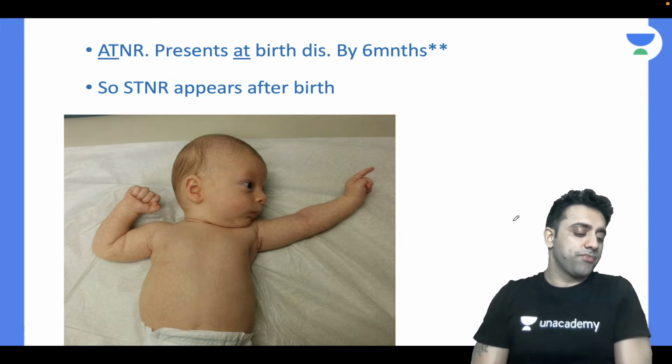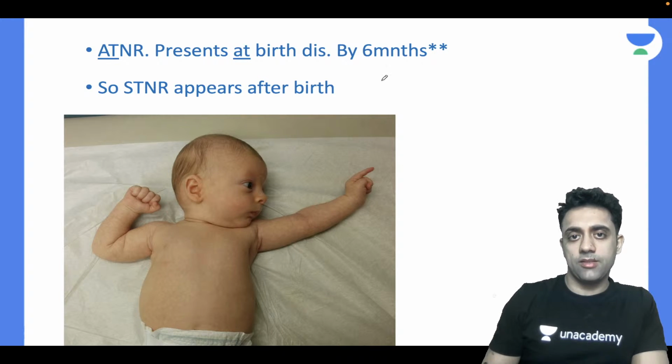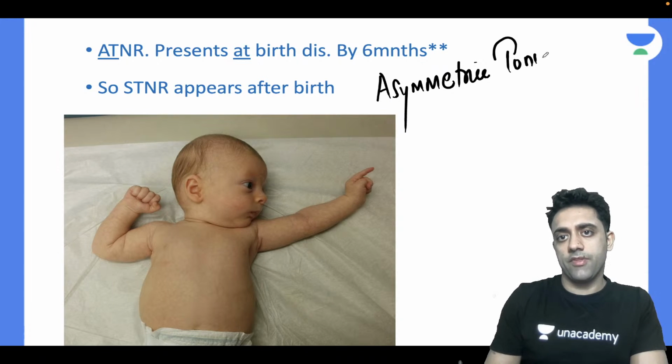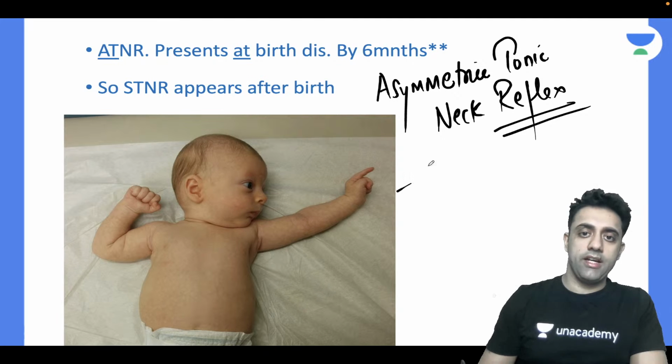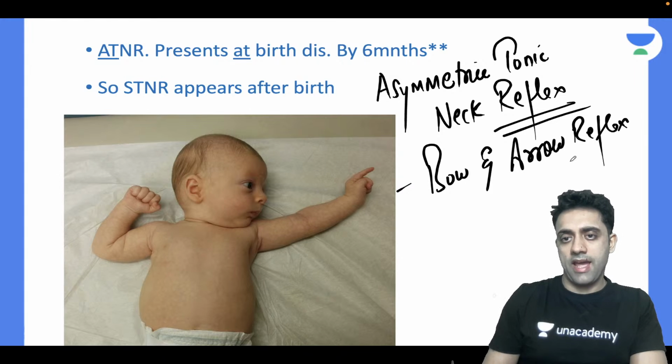Very good. The next important, last reflex is the ATNR. What is ATNR? It is the asymmetric tonic neck reflex. It is also known as the bow and arrow reflex.